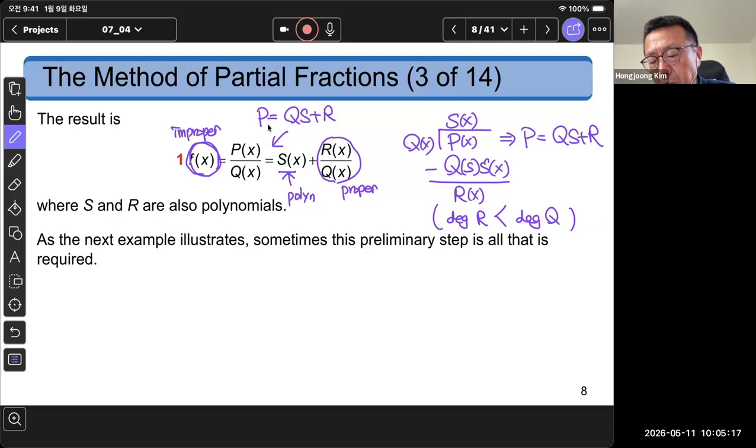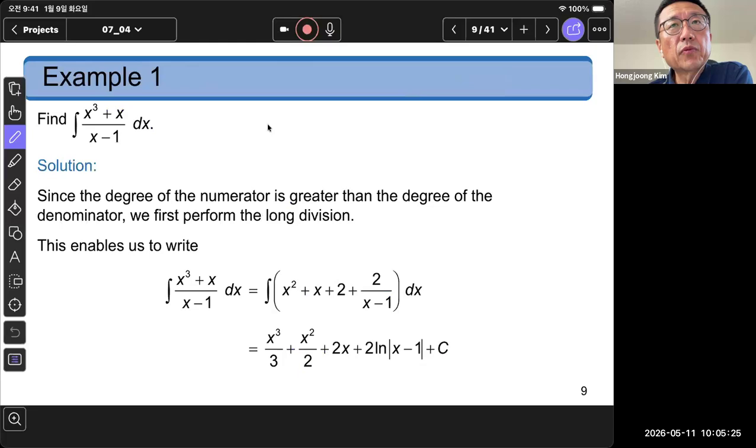Okay, so we just need to handle the proper rational function. So from now on, for example, if I have this x cubed plus x over x minus 1, that is improper.